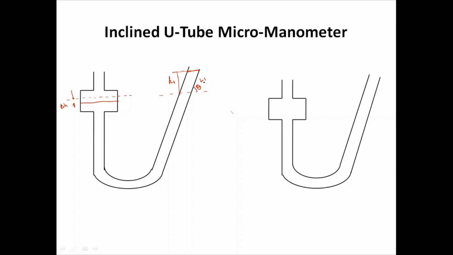So for the inclined type U-tube manometer, first put the continuity equation similar to the previous one. The area of the well is A, and the tube area you are taking as small a.